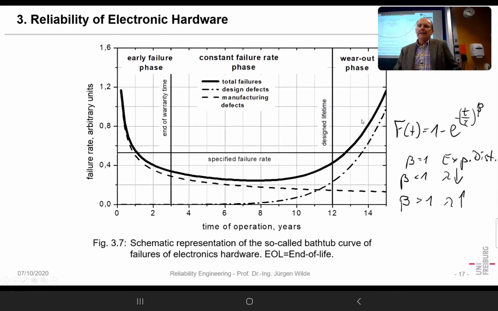On the other hand, here it is wear out, so it ages, and wear out is determined by two things. One thing is how strong is the wear out process, and of course, the higher the stress is, the faster the wear out process, and the earlier it goes up.